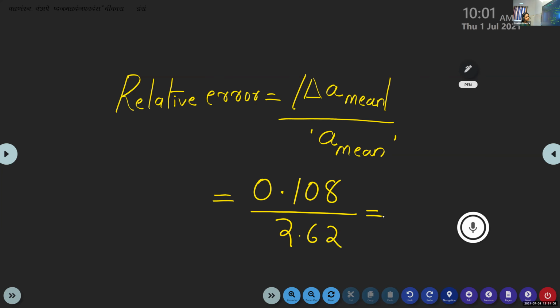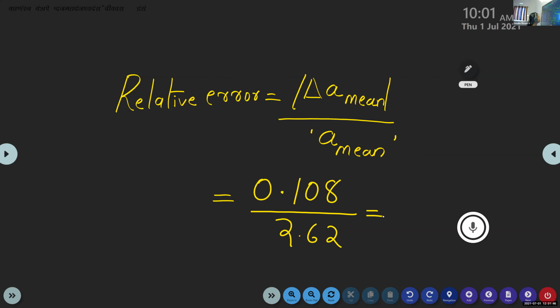What's the answer? 0.041. 0.04. Okay, we can check the answers obtained by others. 0.108 divided by 2.62. Okay, calculating. 0.04.